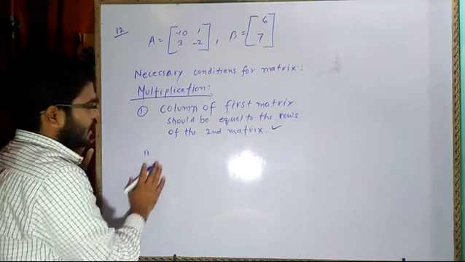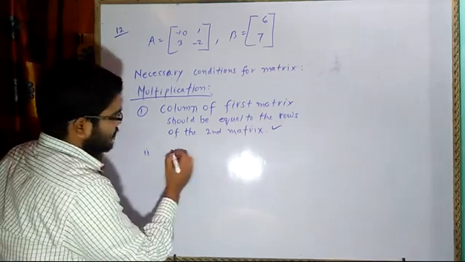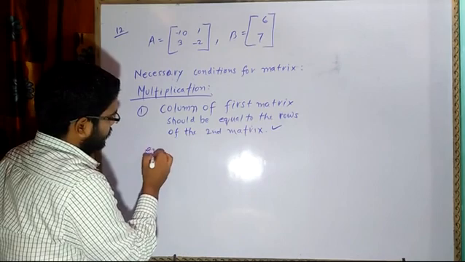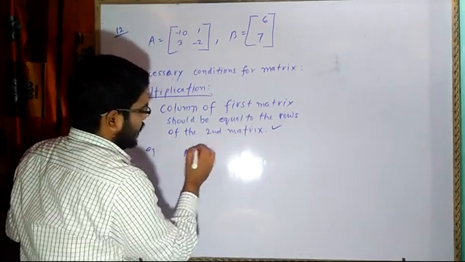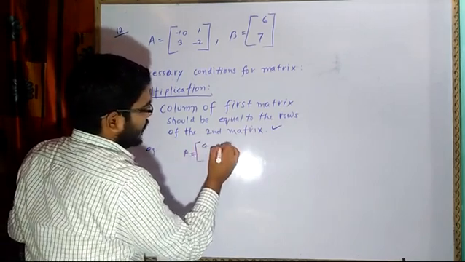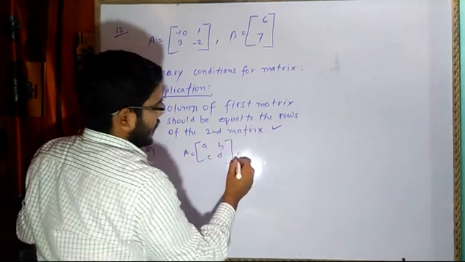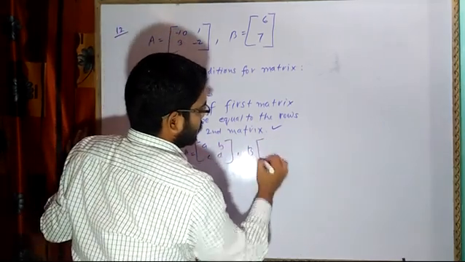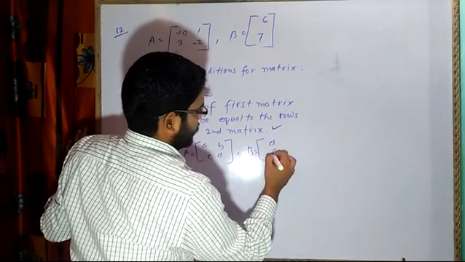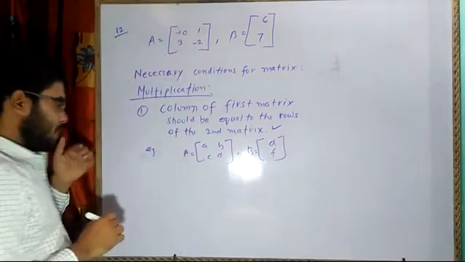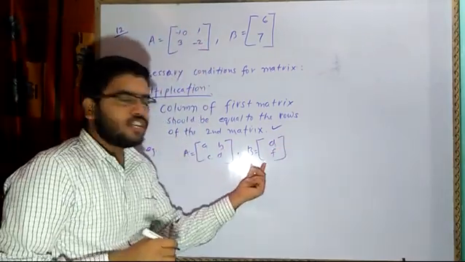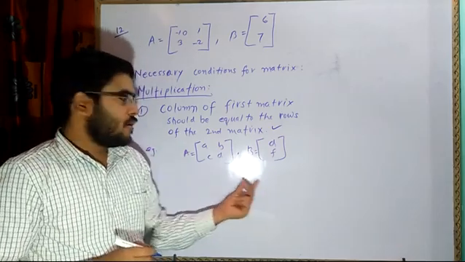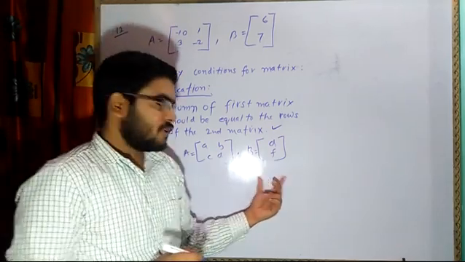How you are going to apply it, you just see. Suppose I have a matrix A is equal to a, b, c, d, and B is equal to e, f, for example. Now, addition is not possible, this is sure. Why? Because the order is not the same.